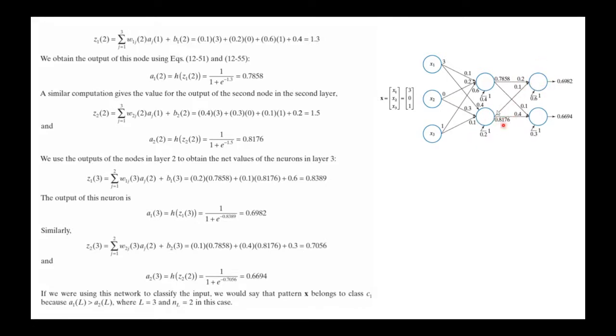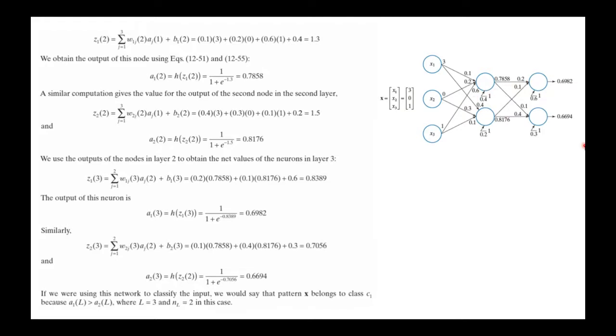We'll get this value, that's the output of this neuron, times this weight. This will give you this value. The same thing for this other neuron. So to which class does this example belong? It belongs to the class with the highest value. It belongs to this class here, not to this class. So this example will be classified as C1.